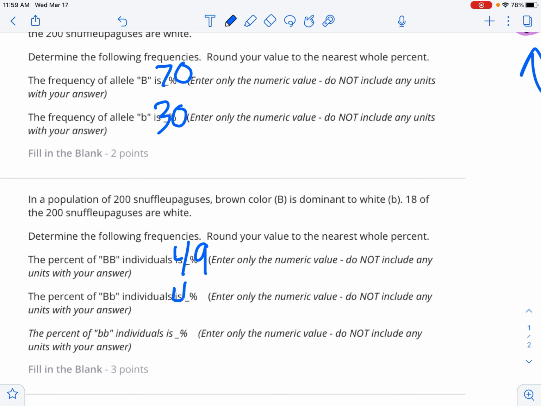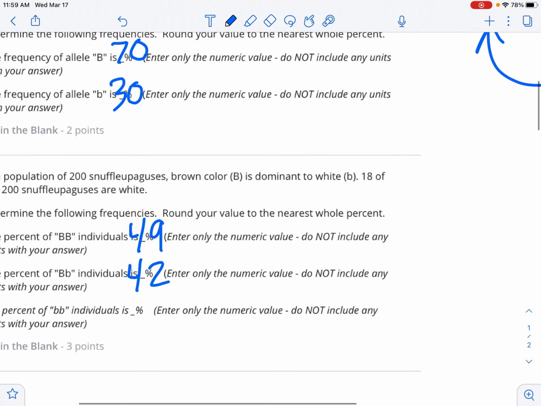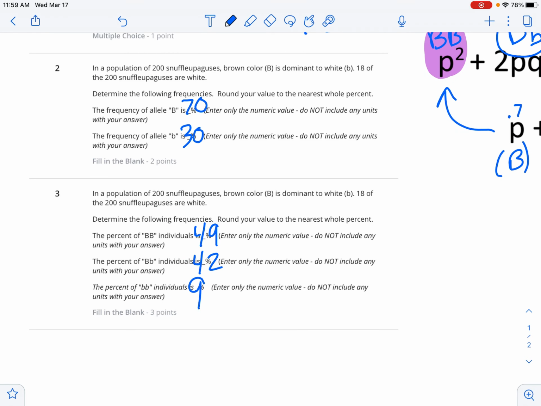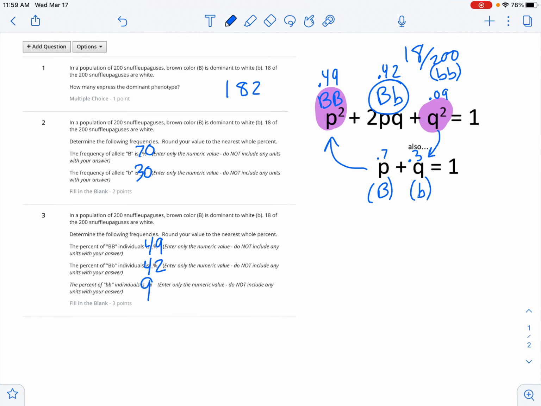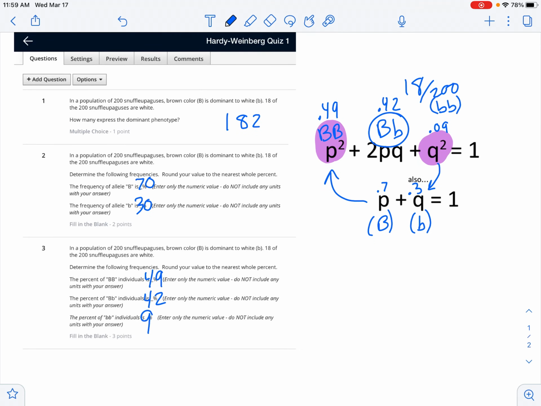The heterozygous frequency is 42, and then 9, just like that. If you put those numbers in as decimals, it will not count them correct. So be careful whether it's asking for frequency in percent or decimal format, because you calculate in decimal format, but sometimes it asks for percent. Hope that was helpful.